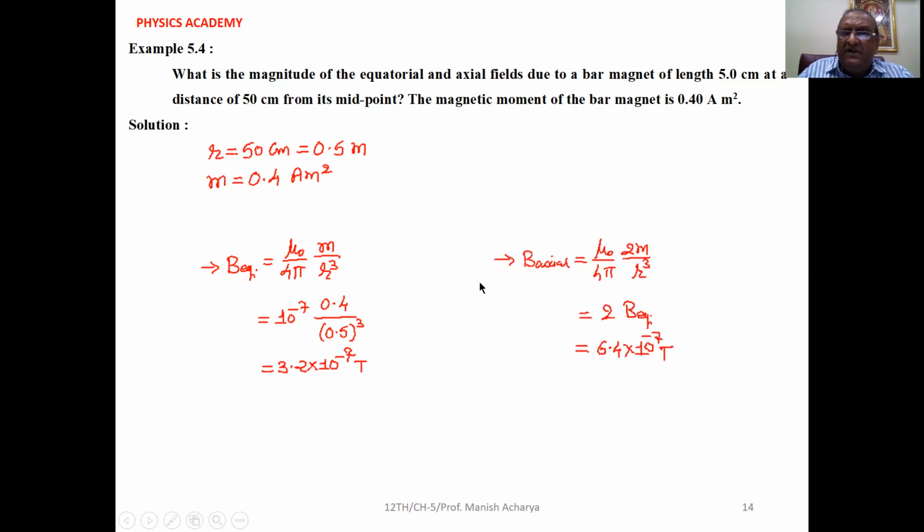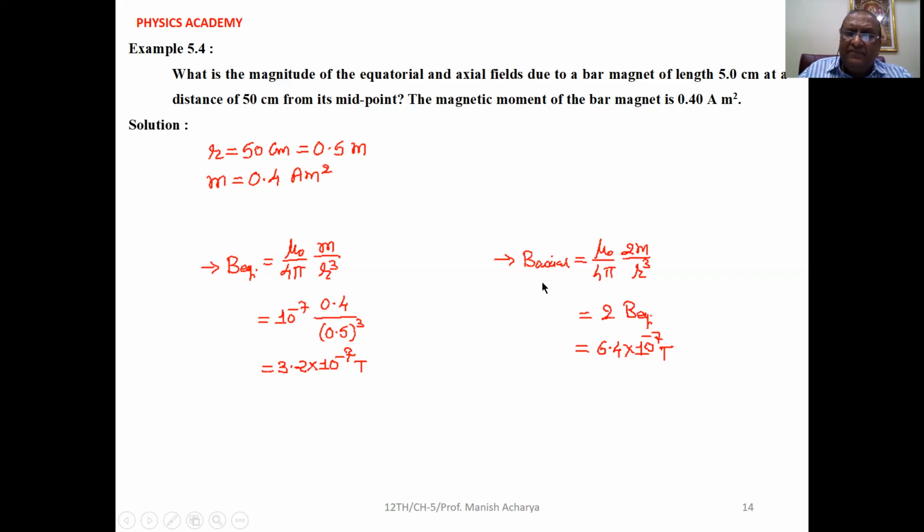Then the axial field is mu 0 upon 4 pi 2m upon r cube. For the same position, if r is the same, then we can simply write mu 0 upon 4 pi m upon r cube, that is B equatorial.